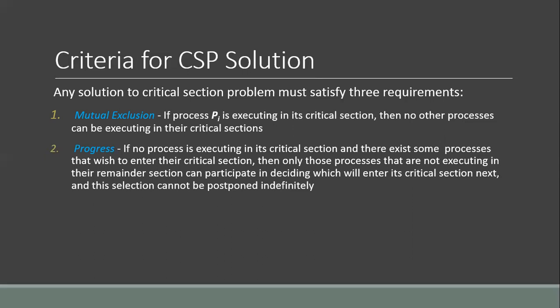And process P1 and process P2, these two processes want to enter their critical section. Because these processes wish to enter their critical section, they will be in their entry section waiting for the permission so they could enter their critical section.